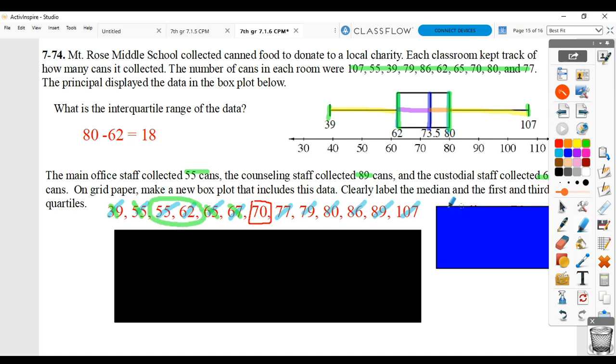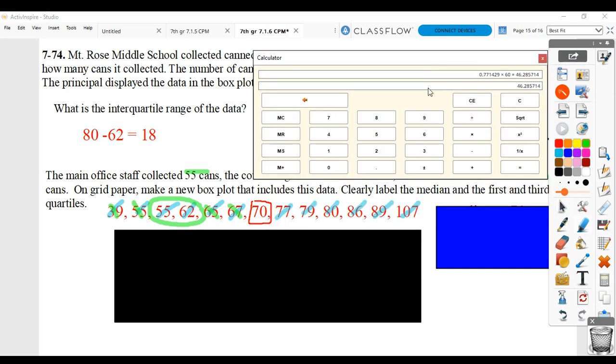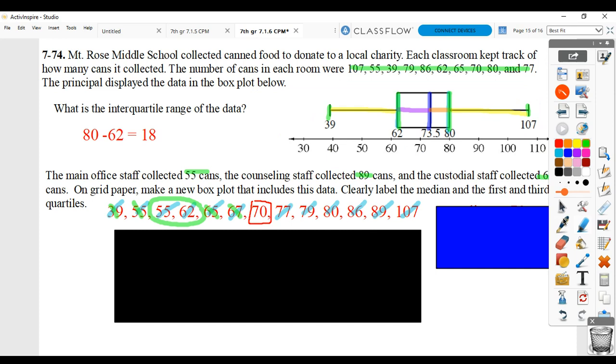The first quartile is between 55 and 62. So what is halfway between 55 and 62, you might ask? Again, you have access to a calculator, so you can add them up and divide by 2. So 58 and a half, 58.5 would be the first quartile. So 58.5 is Q1.